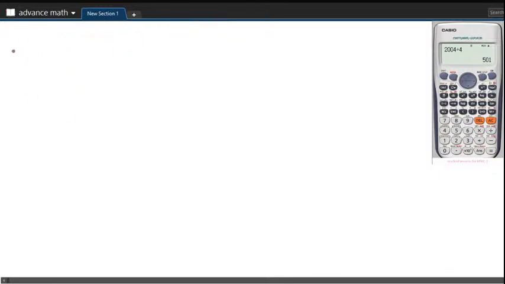So we have this one, this will be number 2. Maybe we could have I raised to the power of 64 minus I raised to the power of 84.